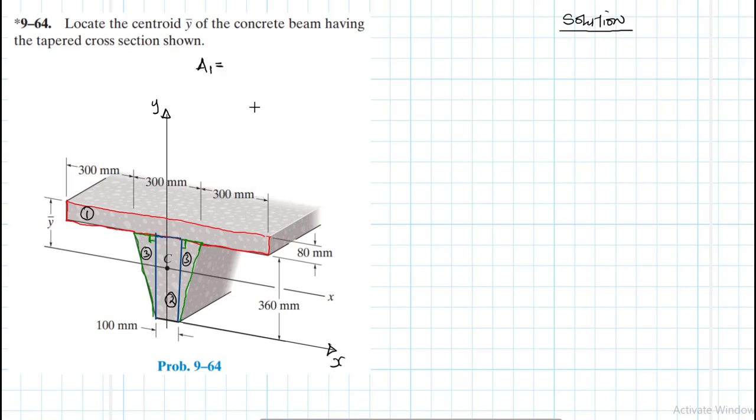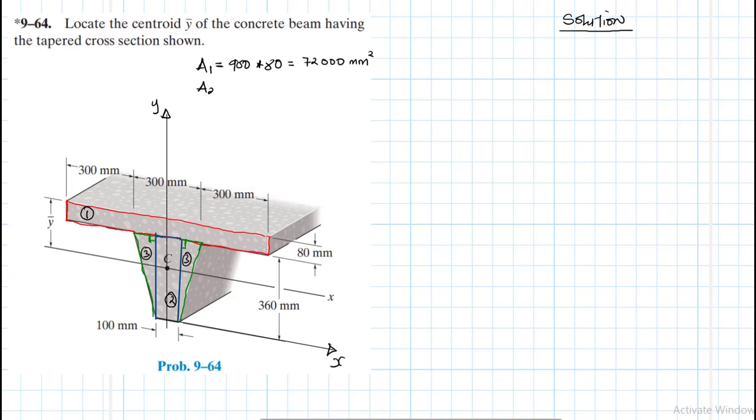The area for this one is equal to 900 by 80, which gives us 72,000 millimeter squared.